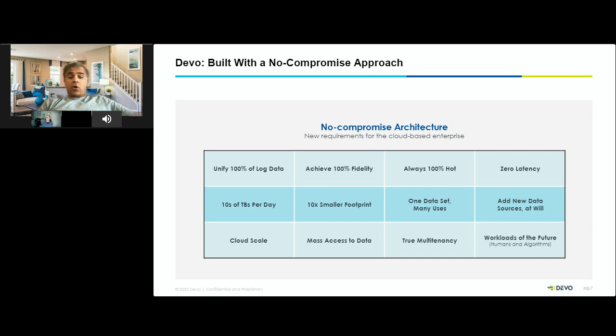This is by no means an easy problem to solve, and was really one of the reasons why Devo chose to take a couple of unique approaches when building our architecture. And the result is a flexible, highly performant, and scalable platform with a lower TCO than most of the market out there, with what we like to call our no compromise architecture.